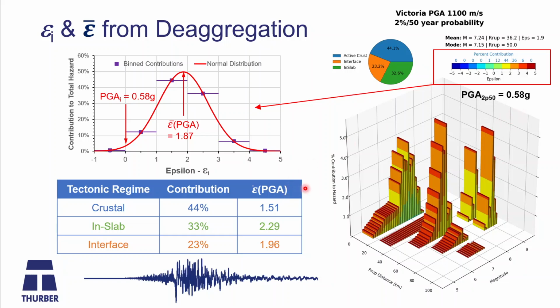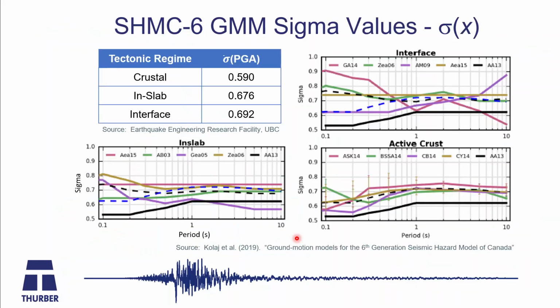We can also look at the mean epsilon for the individual scenarios, the three different tectonic regime types that we deal with. If you go into the data, we pulled that out. We have a 44% contribution of crustal, 33% in-slab, 23% interface, and the mean epsilons we can figure out from that deaggregation data. The sigma values are all specific to the actual GMMs.